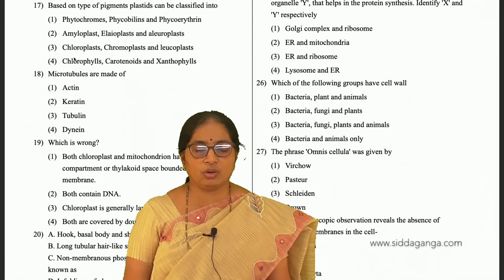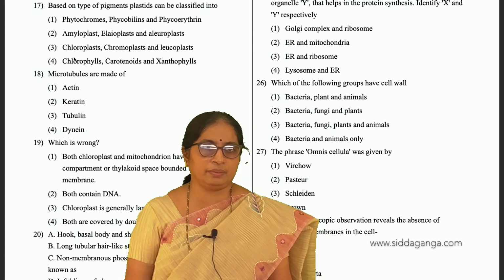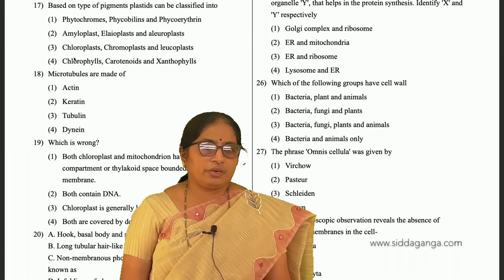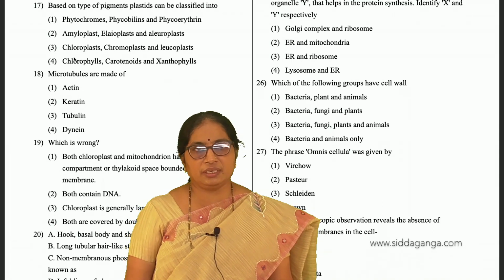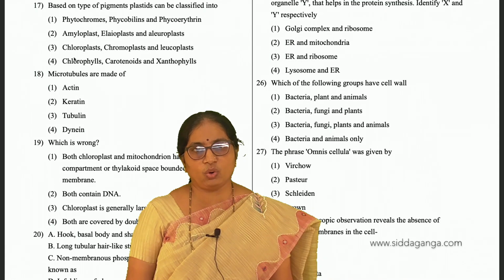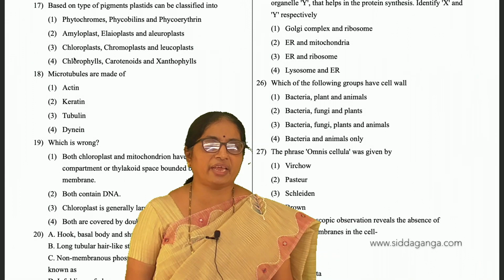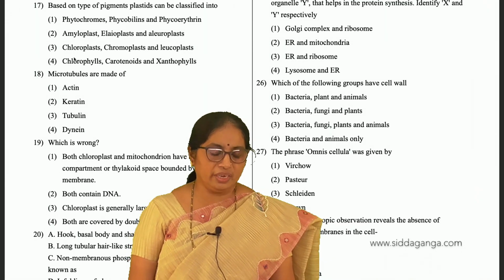Carotenoids almost contribute for orange color, and xanthophylls contribute for yellow color. So all are various coloring pigments present in the plant cells. But for the question given over there, the right answer is option 3, chloroplast, chromoplast and leucoplasts. Next question.